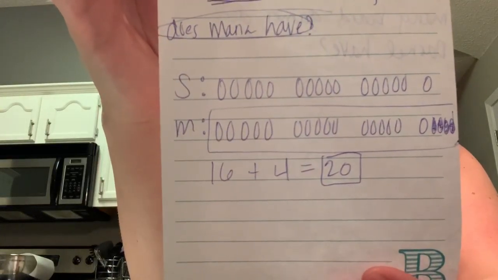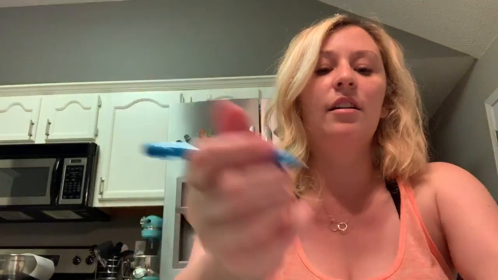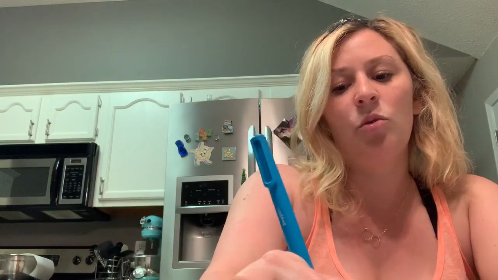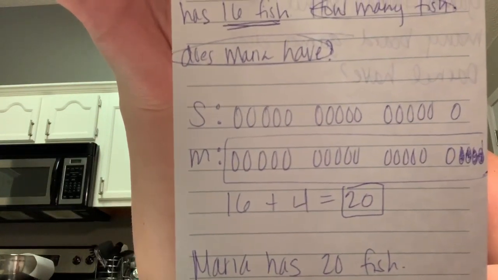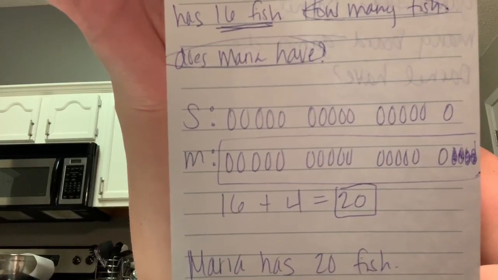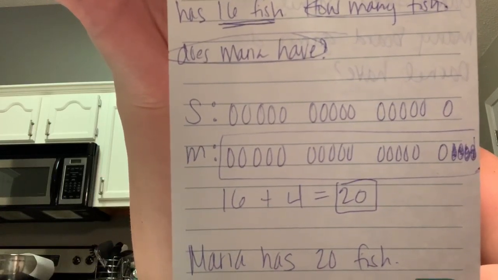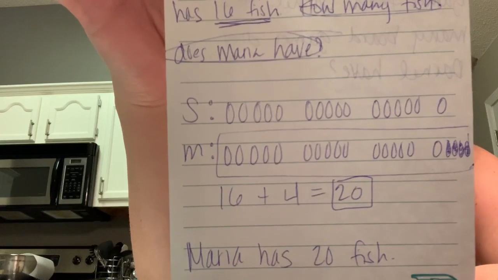So Maria had 20 fish in her tank. Maria has 20 fish. Because if Shanika had 16, Maria had 4 more. That means we're adding more to it to get that 20.